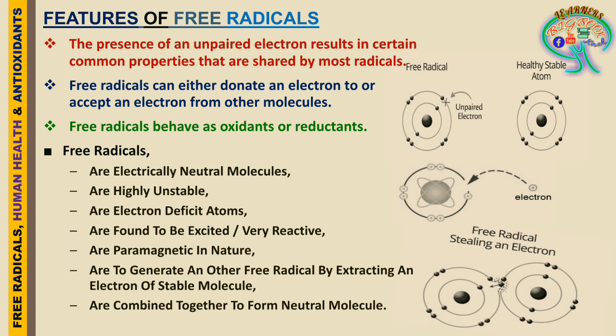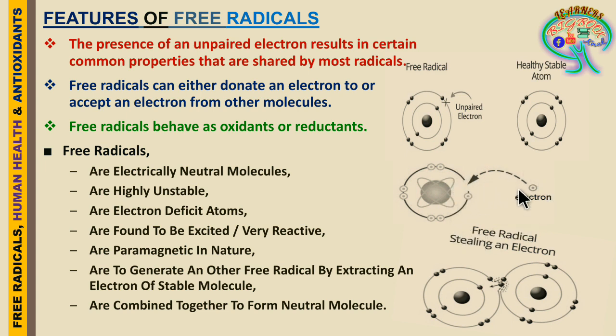Now the last point: free radicals combine together to form a neutral molecule. If you get a similar kind of free radical on the other side, and both free radicals come together, they react to become a stable form of the molecule, which acts as a neutral molecule.